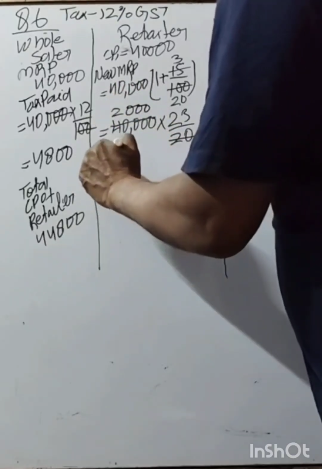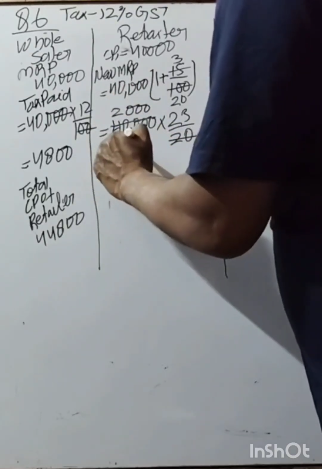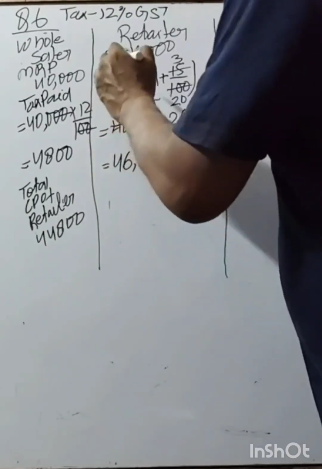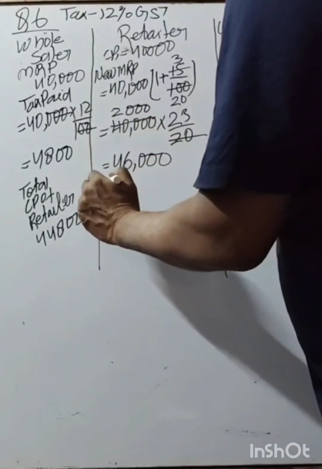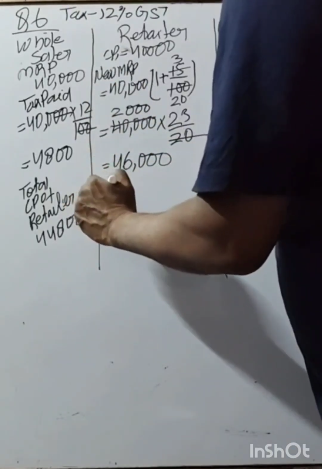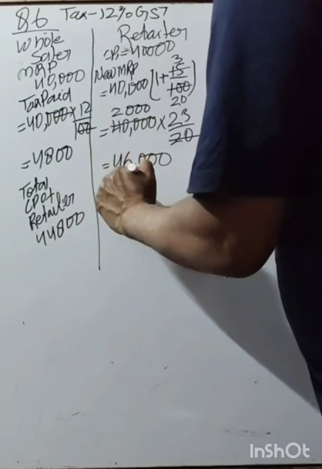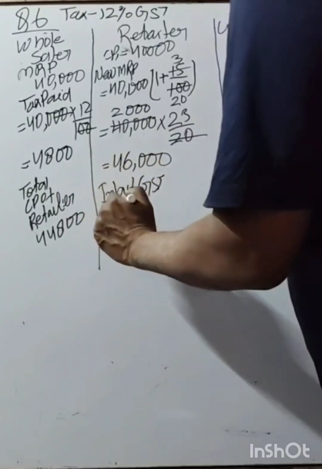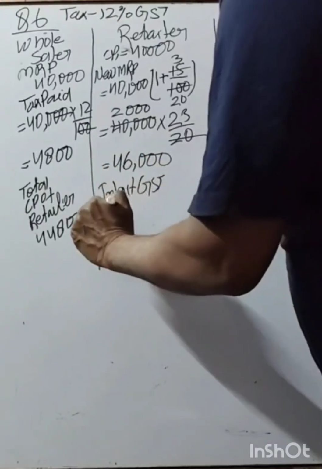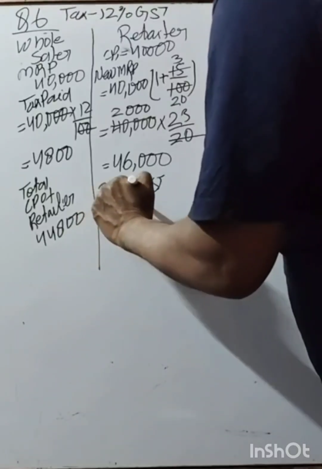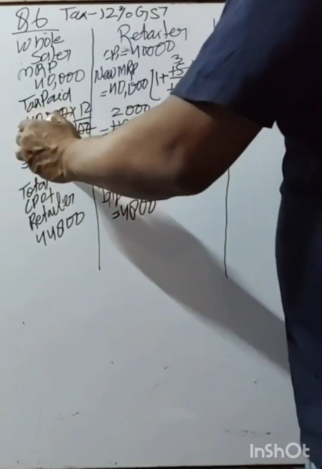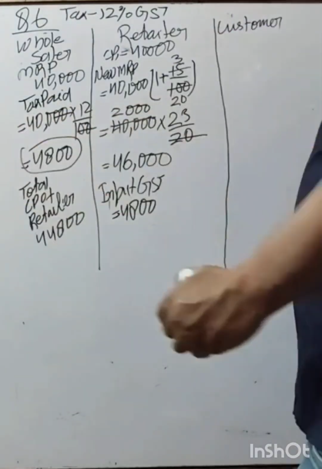It becomes 46,000. The input GST of the retailer is 4,800. Right.